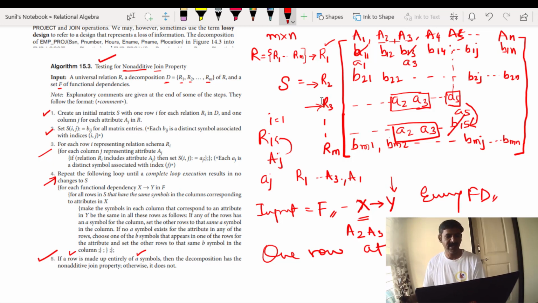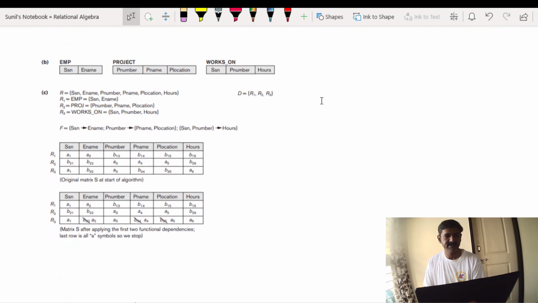Then the decomposition has the non-additive or lossless join property, otherwise it does not. Okay, so this is the complete procedure. I'm sure it's difficult for anyone to understand it fully. With an example, we'll try to illustrate.